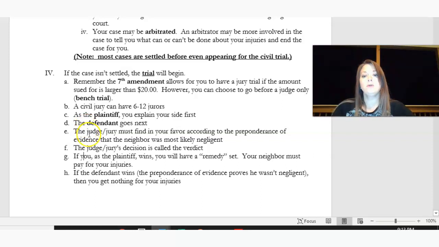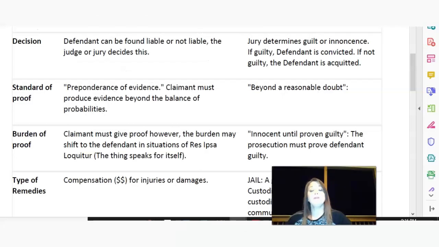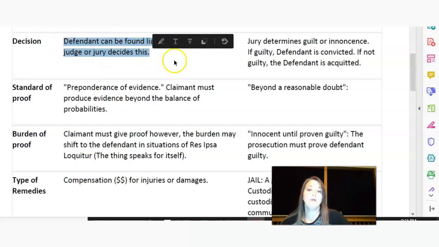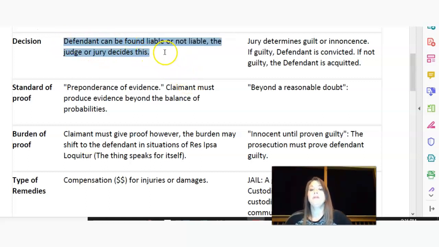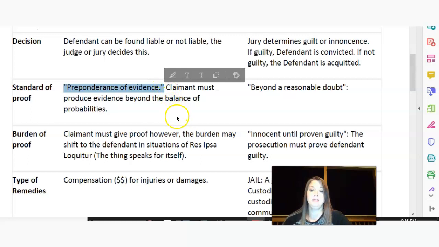Then the judge or jury is going to find either in the favor of the plaintiff or the defendant according to, this is a really strange phrase, the preponderance of evidence. Let's stop here and talk about that. So let's take a look at our chart again, looking at the decision by, again, remember this side is civil cases. The defendant is going to be found liable or not liable, which means responsible or not responsible, based on the, here's that phrase, preponderance of the evidence.